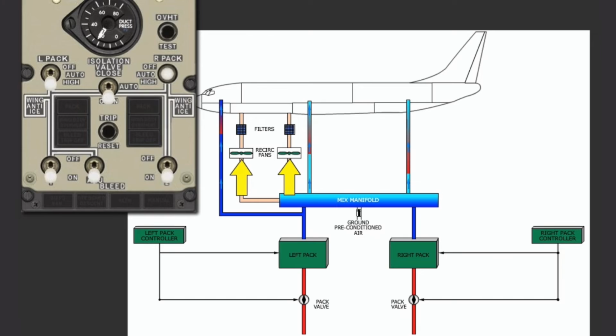Notice that both recirculation fans are still operating. Since bleed air is not as critical on the ground, the fans continue to operate. When both pack switches are set to high, the left recirculation fan shuts down. The right recirculation fan continues to operate regardless of pack switch position.